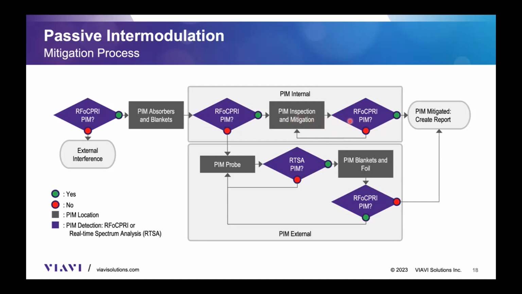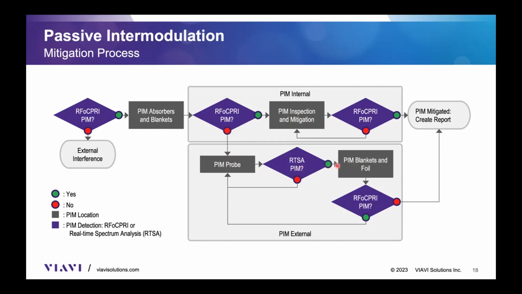And as I mentioned, we can do that constantly while we're looking into the RF over CPRI in real time. If it is external, then typically we use a PIM probe and analyze with a real-time spectrum if we have some noise increases on that uplink signal. This is being done with the PIM probe.